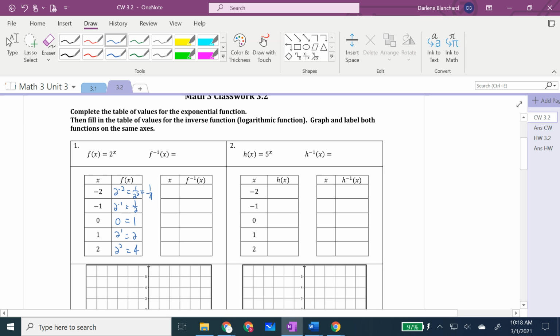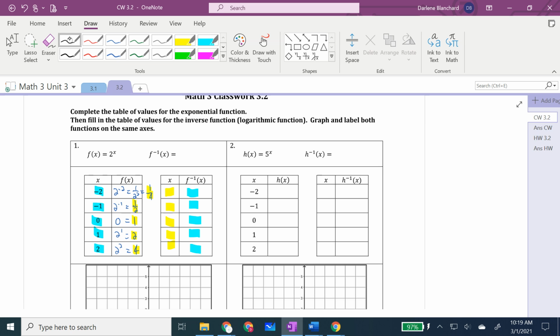And so what I want you to do is take that input, output, and swap for their inverse. If you remember back in the first unit that we did, we talked about inverses, and when it's a table, you just swap the x and the y.